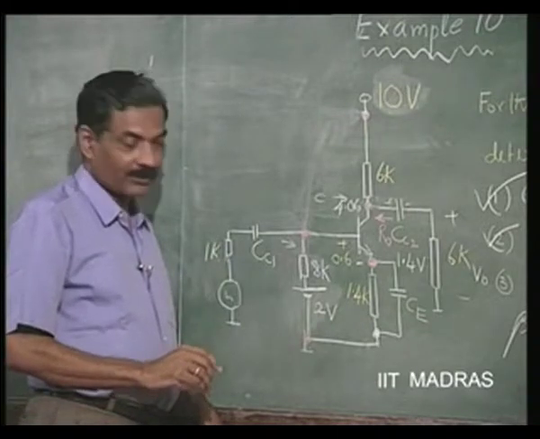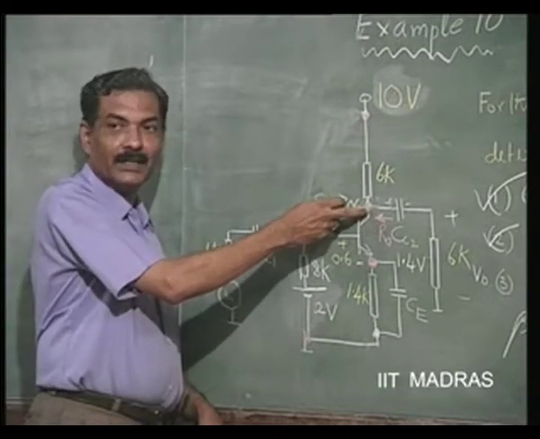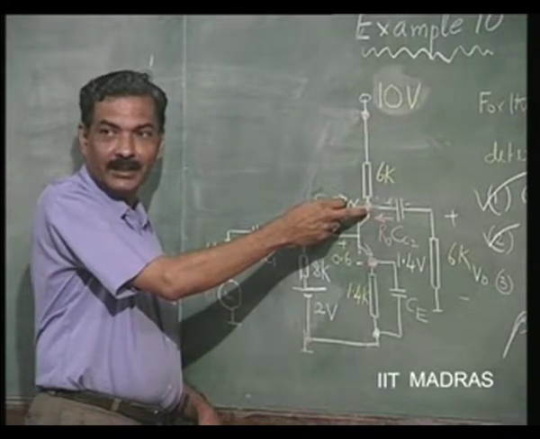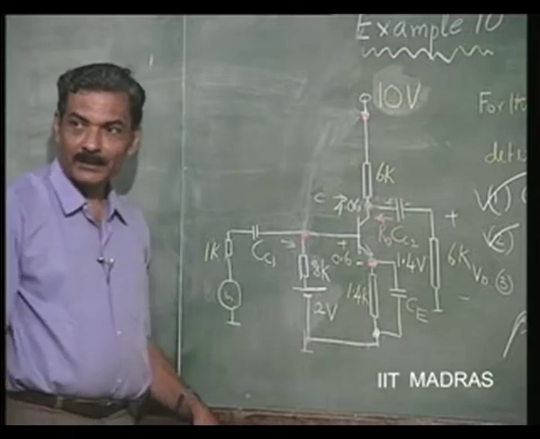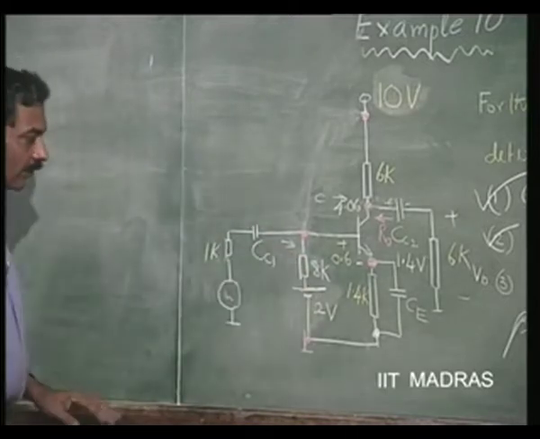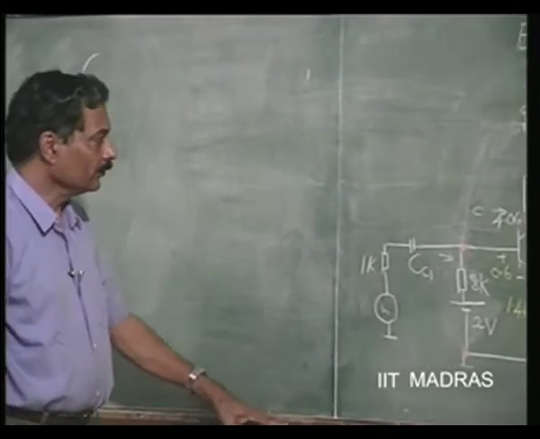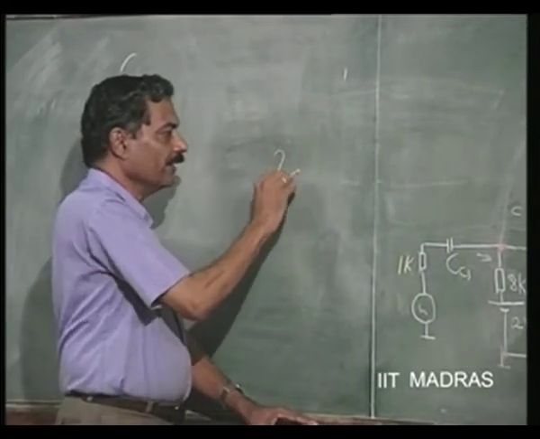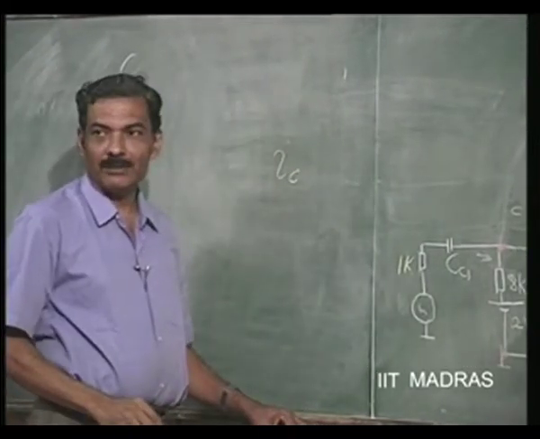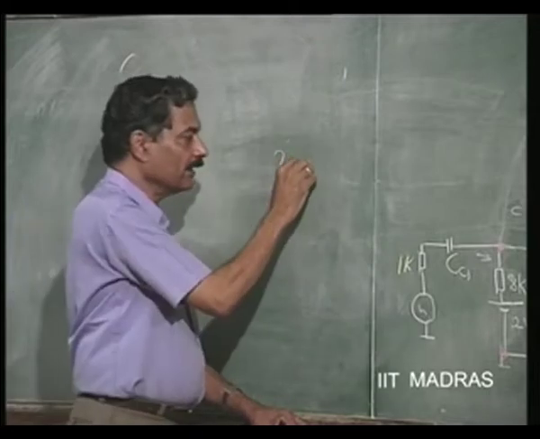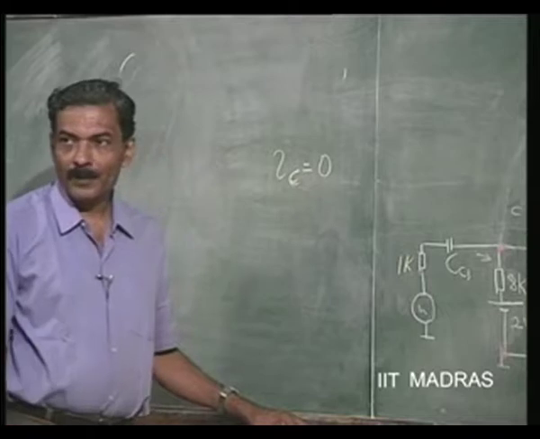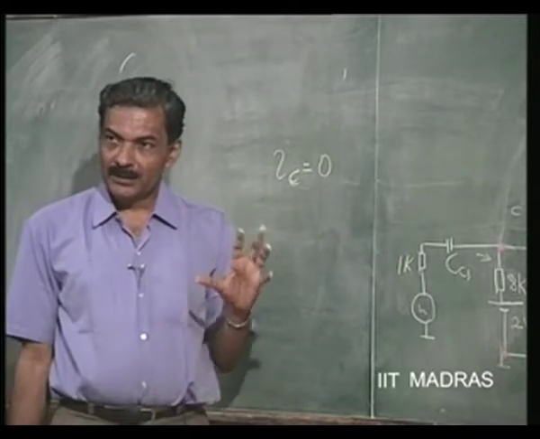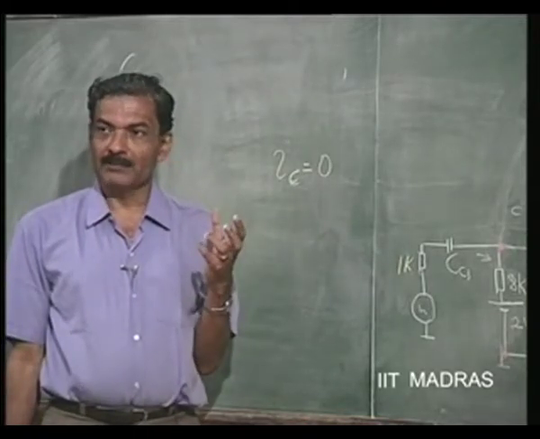Now I am asking you a question as to when will this go to saturation and when will it go to cutoff. So this is some question that you have to answer. How do we answer this? We know cutoff it reaches when IC becomes equal to 0, instantaneous value of current becomes equal to 0, which means the signal swing in collector current becomes equal to ICQ.